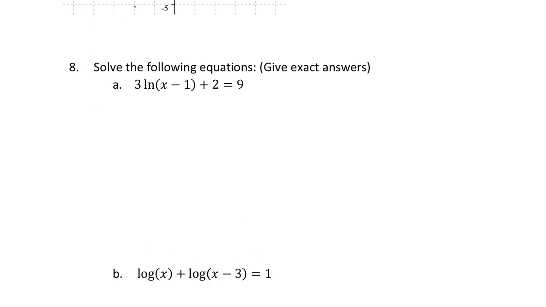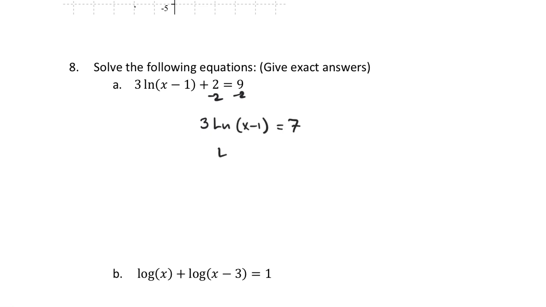All right, part A, we're solving a logarithmic equation, natural log. The only way we can get x by itself is to cancel the natural log. The base of e cancels the natural log, but we have to isolate a few things. So I'm going to subtract a 2 and then divide by 3. So if we subtract 2, we get 3 times the natural log is equal to 7.